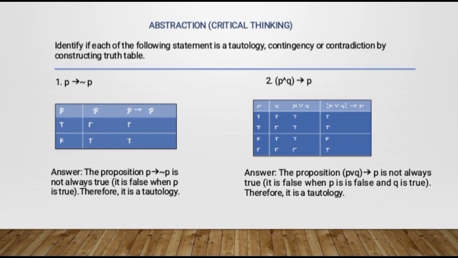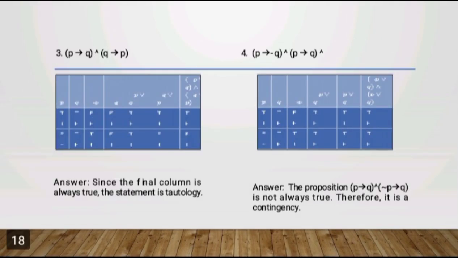Open parenthesis P conjunction Q close parenthesis implies P: true, true, false, true. Answer. The proposition is not always true. It is false when P is false and Q is true. Therefore, it is a tautology.